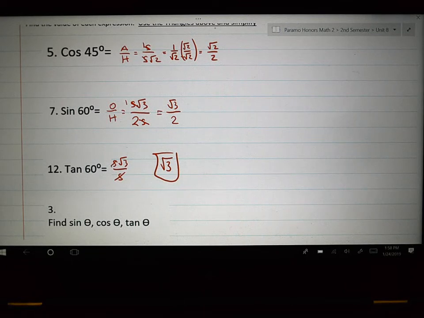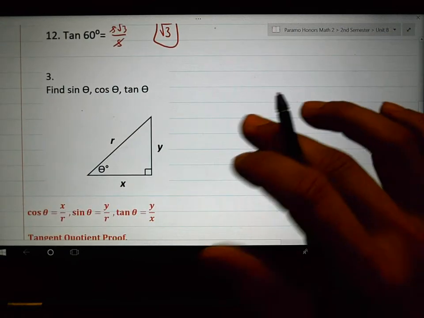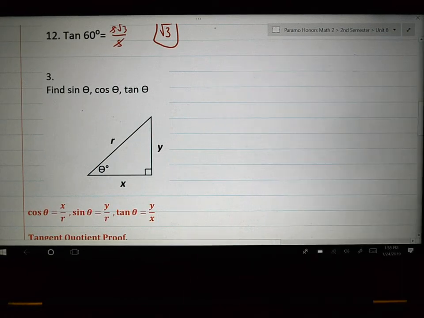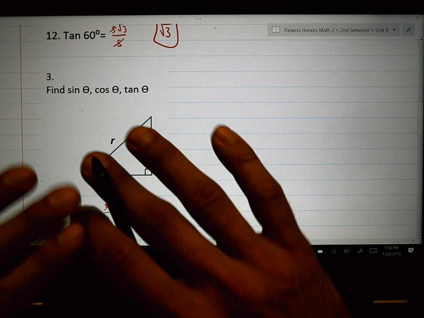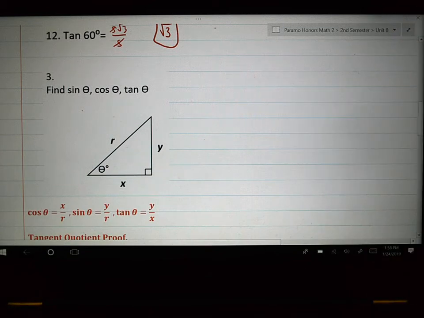Okay? The last thing that I have added to your notes is number 3. And number 3 says, what's the sine of theta, what's the cosine of theta, and what's the tangent of theta? Now this is a general triangle that's going to lead us to our unit circle.